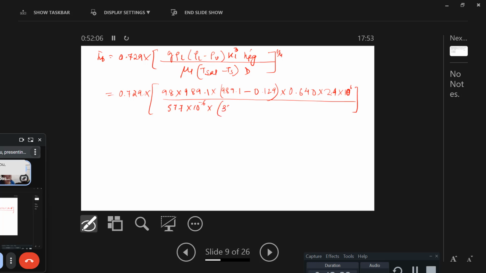T_sat minus Ts was 333 minus 307, into diameter, which was 50 millimeters, so 0.05 meter. Right. So if we calculate this, we get h_D bar to be around 6, this whole to the power 1 by 4. So h_D comes around 6926 watt per meter square Kelvin.